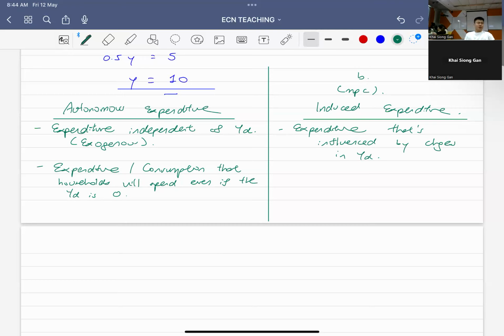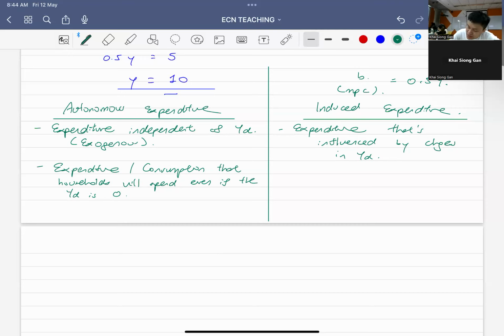The more you earn, maybe the more likely you are going to spend. So for example, what MPC did we get just now? We got 0.5Y, right? 0.5Y means that every time you earn 1,000, 50% is going to be spent.